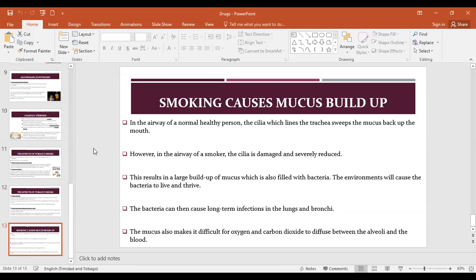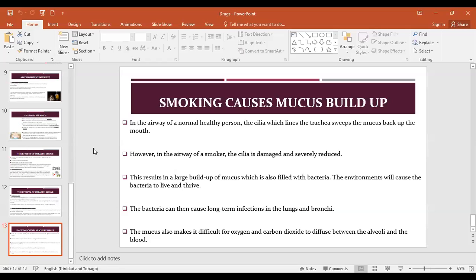Remember we spoke about how bacteria and pathogens are trapped in your mucus, and when you swallow, either the cilia can push it back up, or it goes down straight to your stomach, right? Now, you also have mucus that is produced, and your cilia, which are just tiny hair-like projections, are supposed to sweep the mucus back up your mouth, and then you will hawk and spit it out, right?